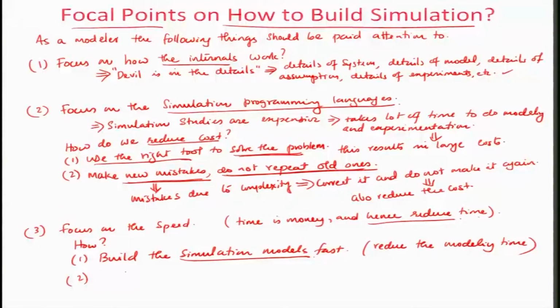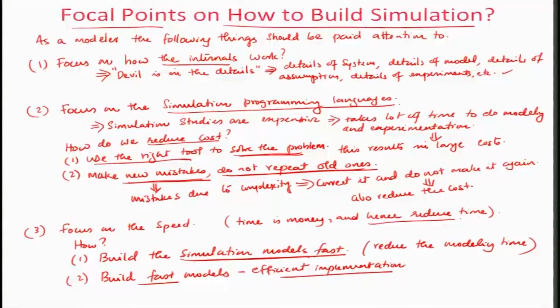The second part is build fast models, or what we call efficient implementation. So, you are focusing on building the simulation models fast, and also on building fast simulation models, that is, efficient implementation of the simulation.